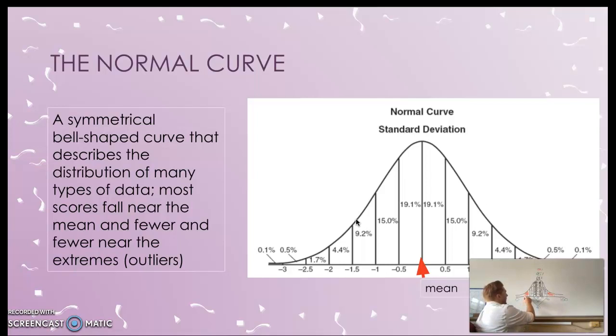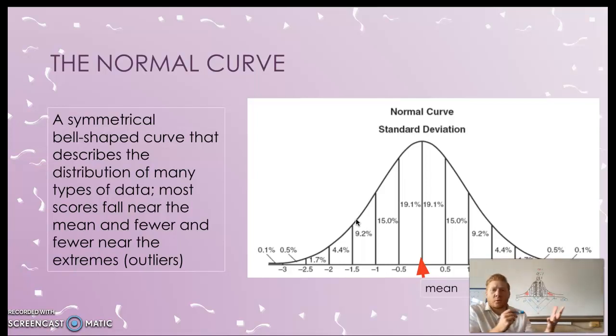And then, obviously, taking 3 standard deviations would go from 65 to 95, and 99% of all the test scores would fall within that range. So that's what standard deviation means.